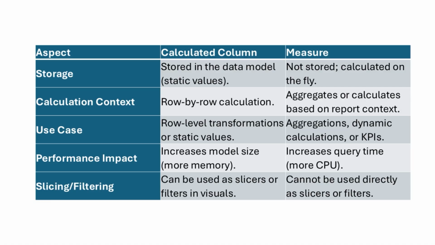Measures do aggregations, dynamic calculations, or KPIs. Performance impact. Calculated columns increase model size, more memory. Measures increase query time, more CPU. Slicing/filtering. Calculated columns can be used as slicers or filters in visuals. Measures cannot be used directly as slicers or filters.